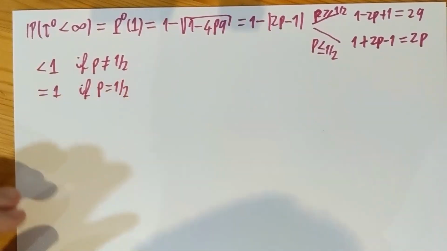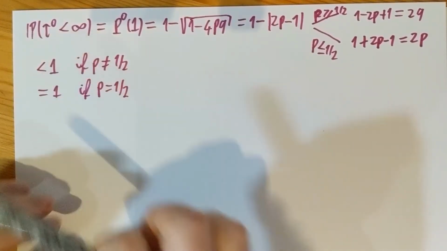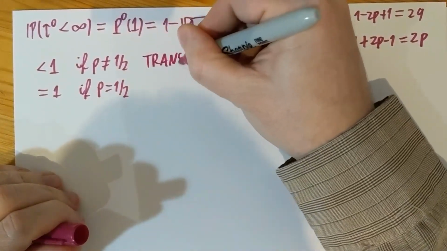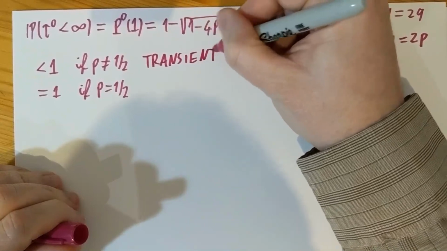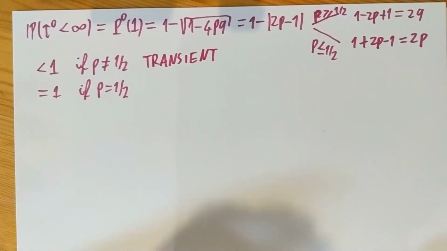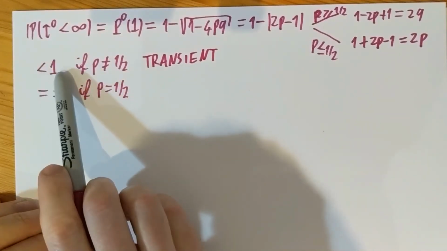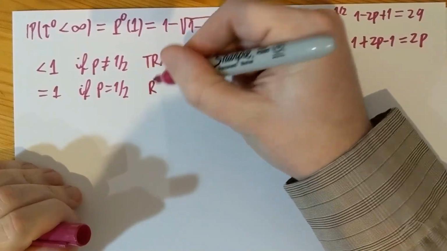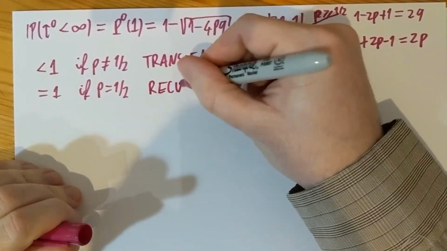So the cases are called transient for the probability of ever hitting the origin again, ever returning to the origin, is strictly less than 1. That's the case called transient. And when it's equal to 1, then this is called recurrent.